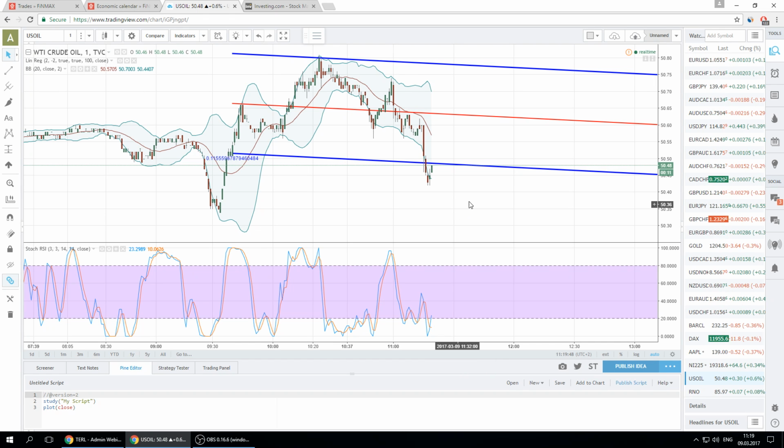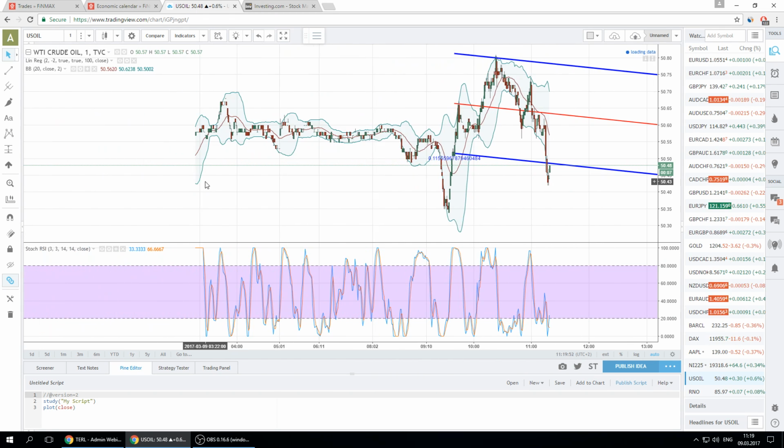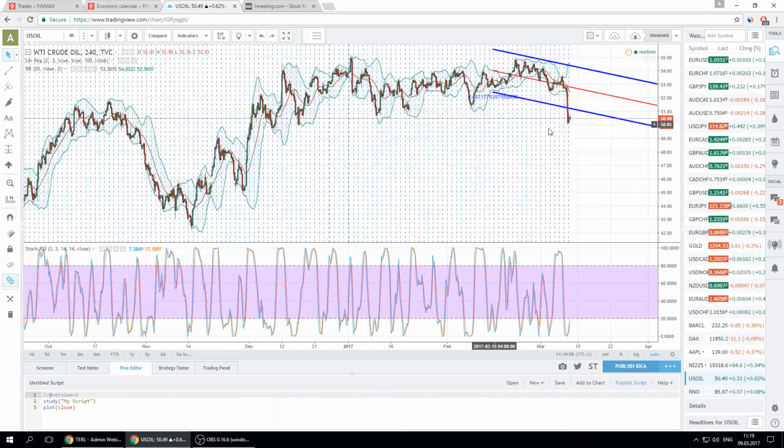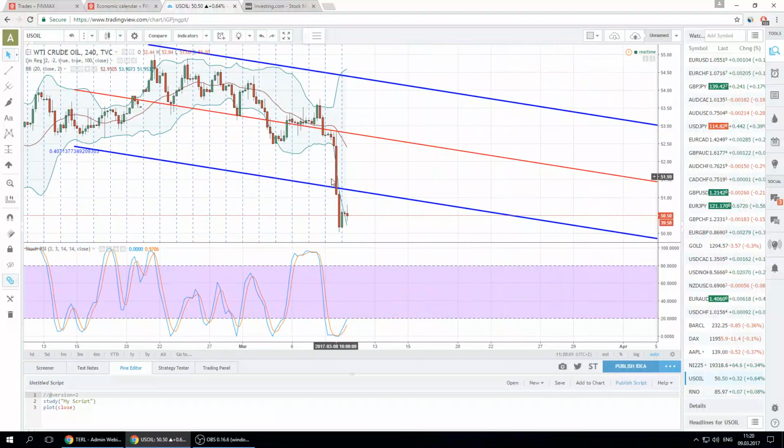Oil. After yesterday it fell, you see that yesterday the price on oil fell pretty hard, and today, well, for the long term it's hard to tell.